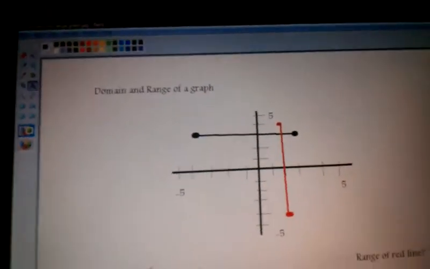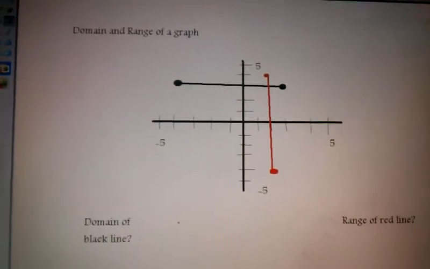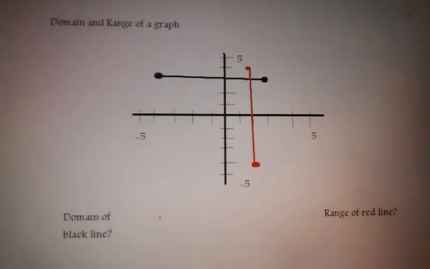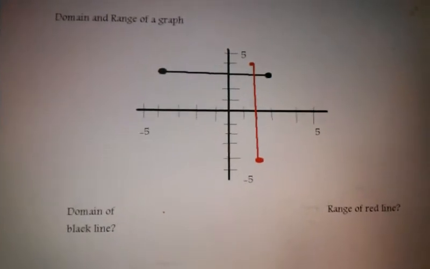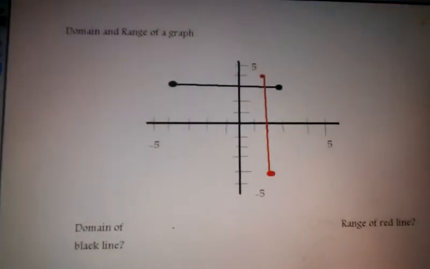Next we have domain and range of a graph. I have a black line and a red line. What is the domain of the black line?